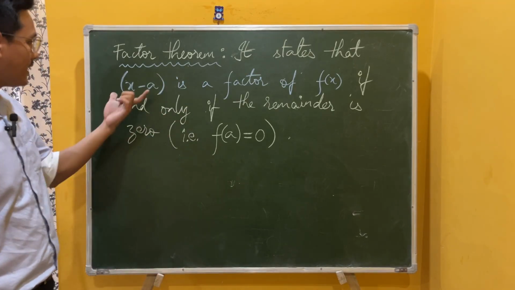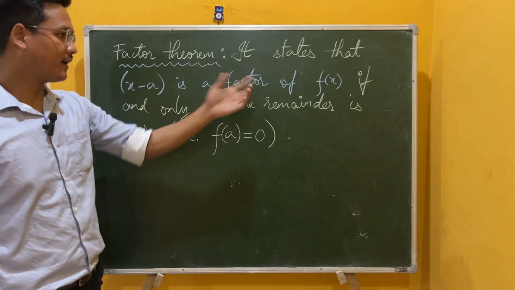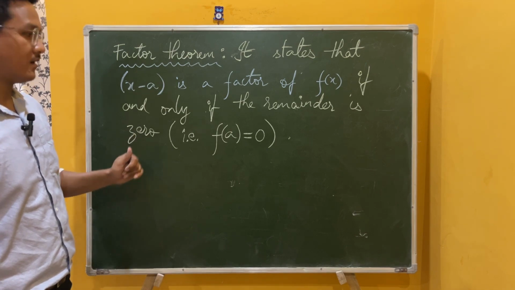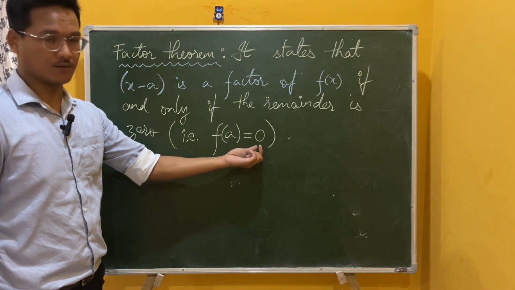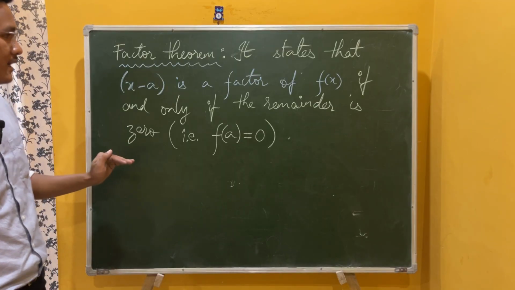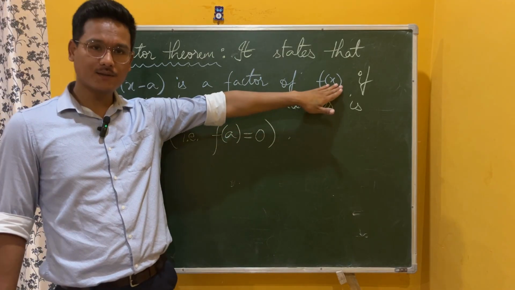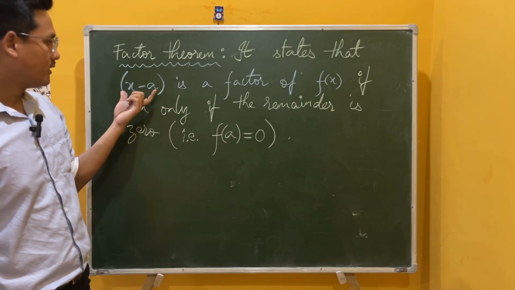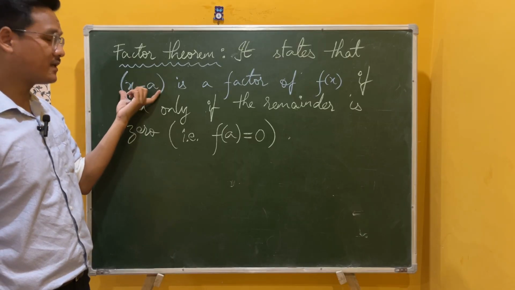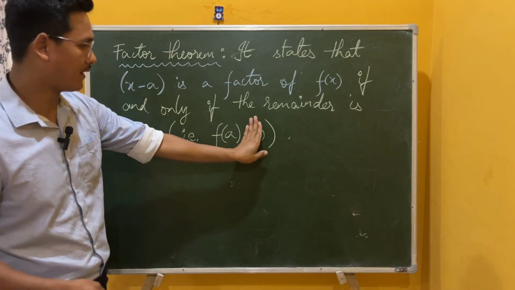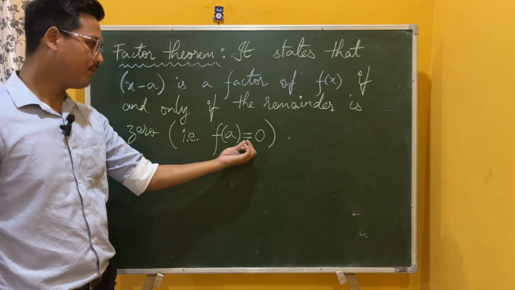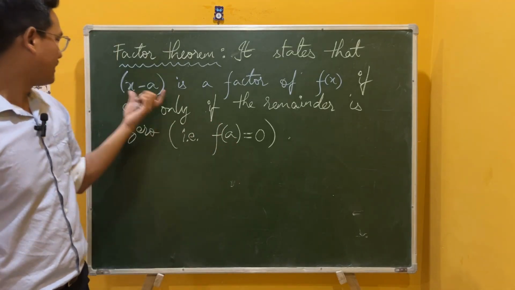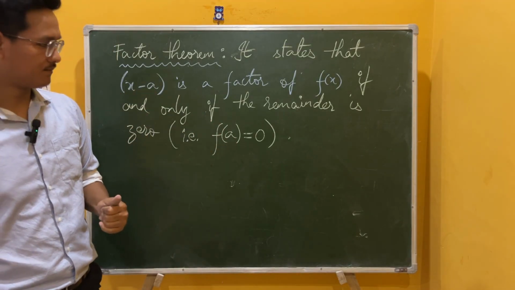It states that x minus a is a factor of f(x) if and only if the remainder is 0. That is, f(a) equals 0. In short, what it is trying to say is that you have a polynomial f(x), it is being divided by x minus a, and what is the remainder? Remainder is f(a), isn't it? So if f(a) becomes 0, then x minus a is a factor.